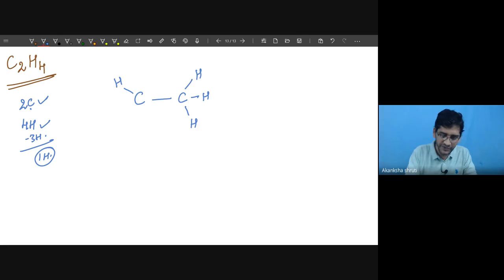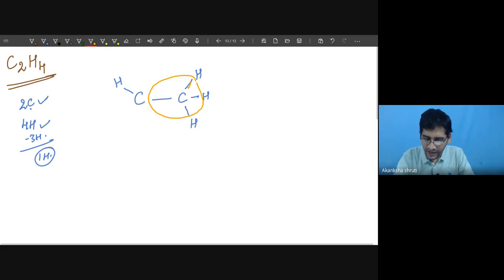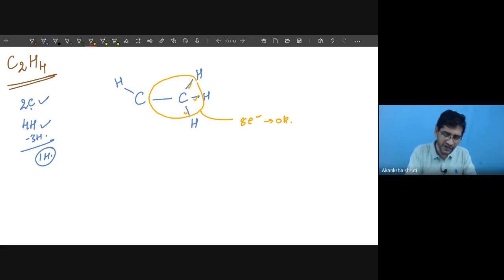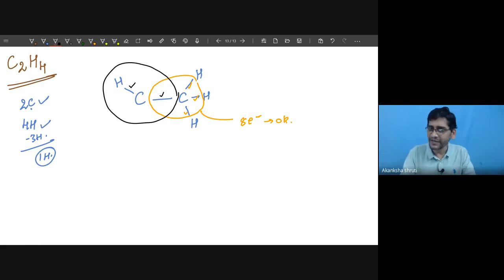Now observe carefully. For the right hand carbon, we are observing a total of 1, 2, 3, 4 bonds, means it's 8 electrons. It's okay. But now come to the left hand carbon. For the left hand carbon, only 2 bonds are formed. Why only 2 bonds here?